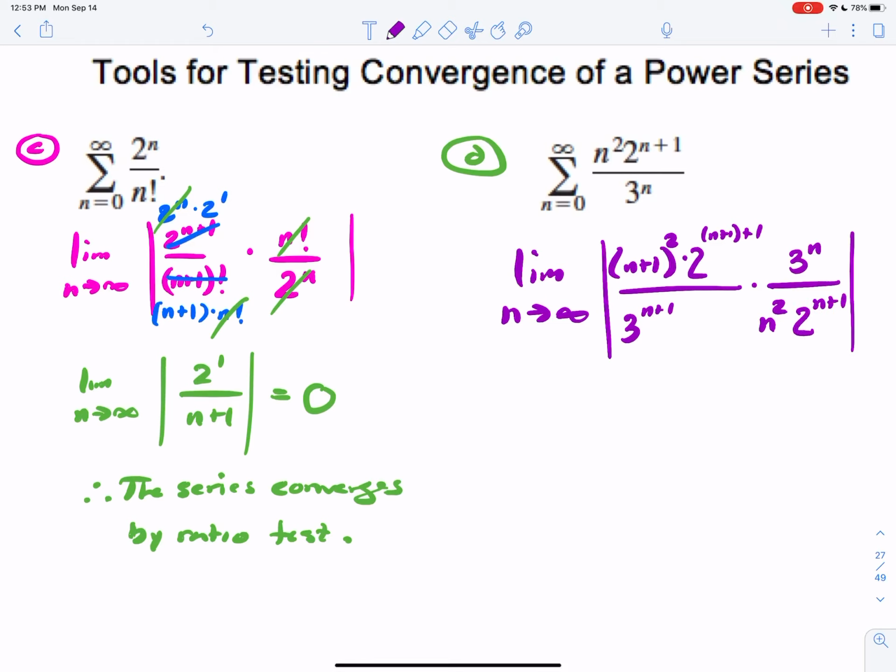Okay, now some of you are wondering, well, couldn't I have just written n plus 2? Absolutely, but there are some cases where it's a little bit tricky, so I always write it out first, okay?